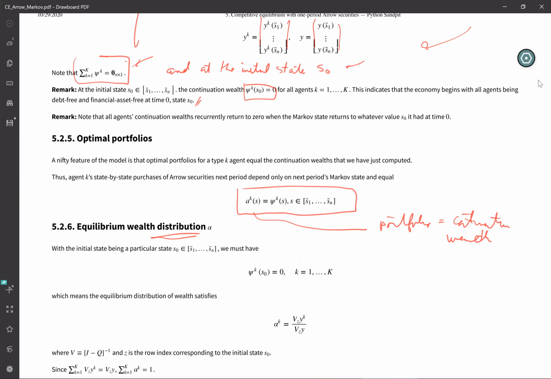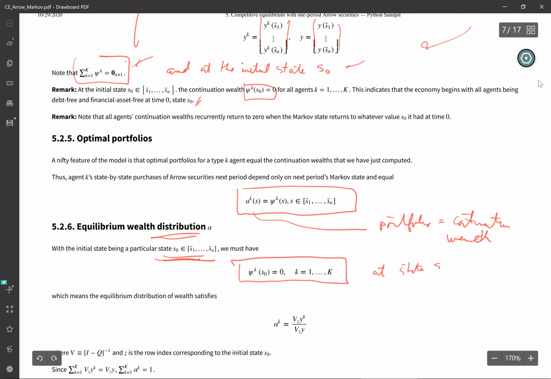So here's the key thing. At state 0, everybody's continuation wealth has to equal 0. And this has to be true for all k, not just for the sum.